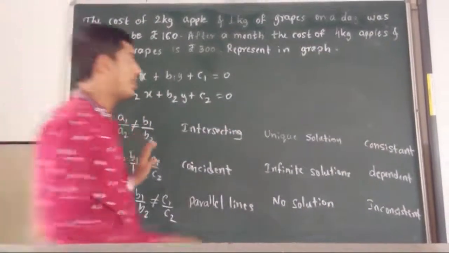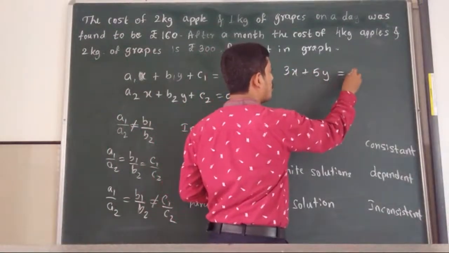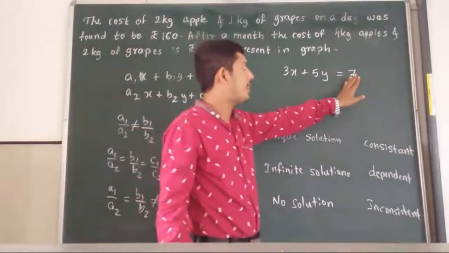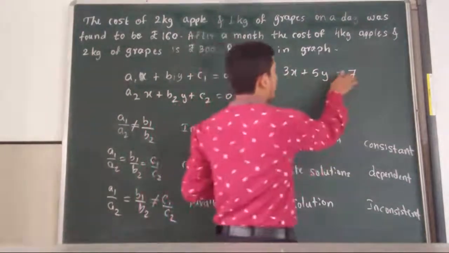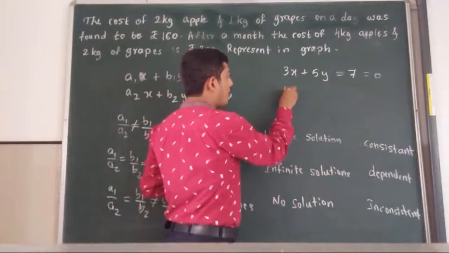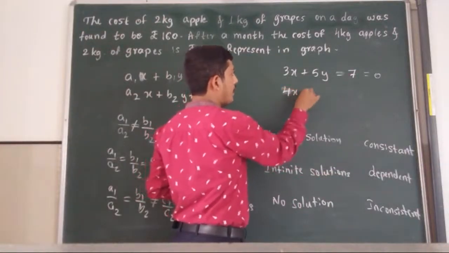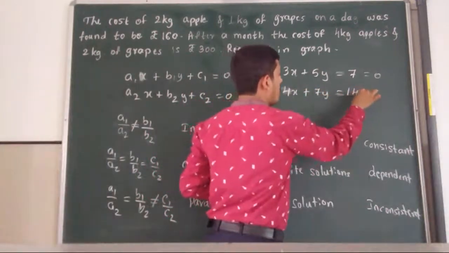For example, I will consider 3x plus 5y equals 7. So 7 is on that side. When we take this to the left hand side, it becomes minus 7, so I will write 3x plus 5y minus 7 equals 0. And another one is 4x plus 7y minus 14 equals 0.